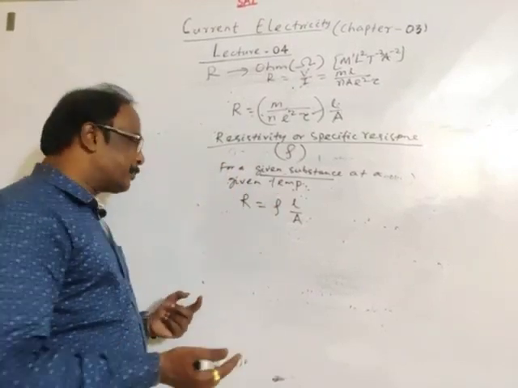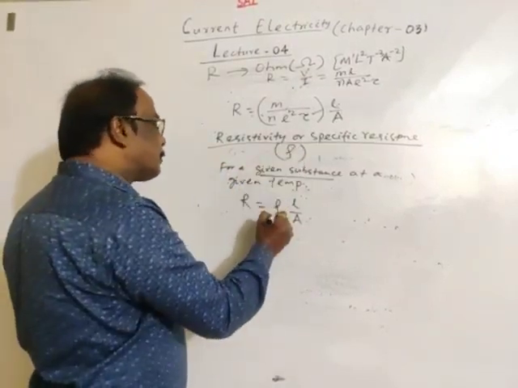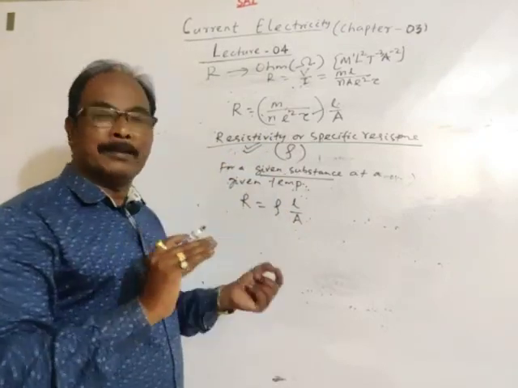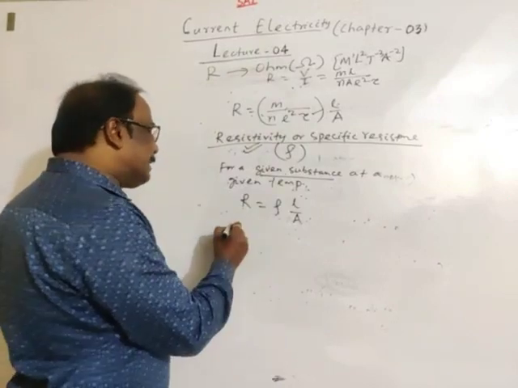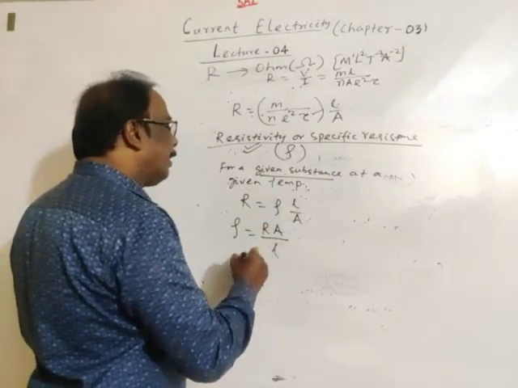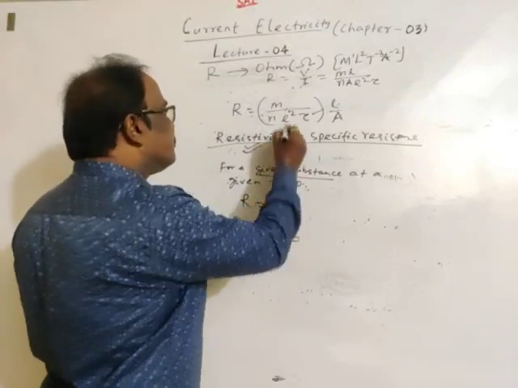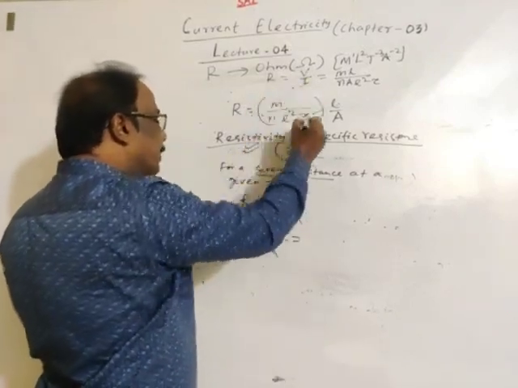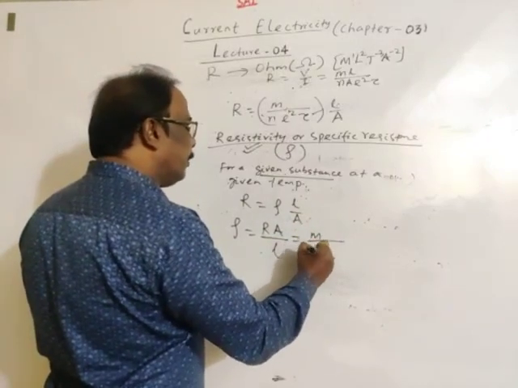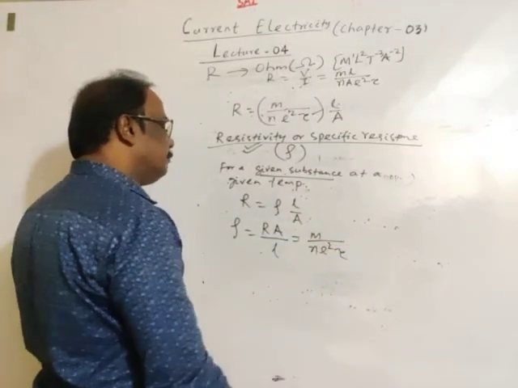Otherwise, it may change. So this constant is called rho, which is called resistivity or specific resistance. So resistivity or specific resistance is R A by L, or you may write rho is equal to m by n e square tau.